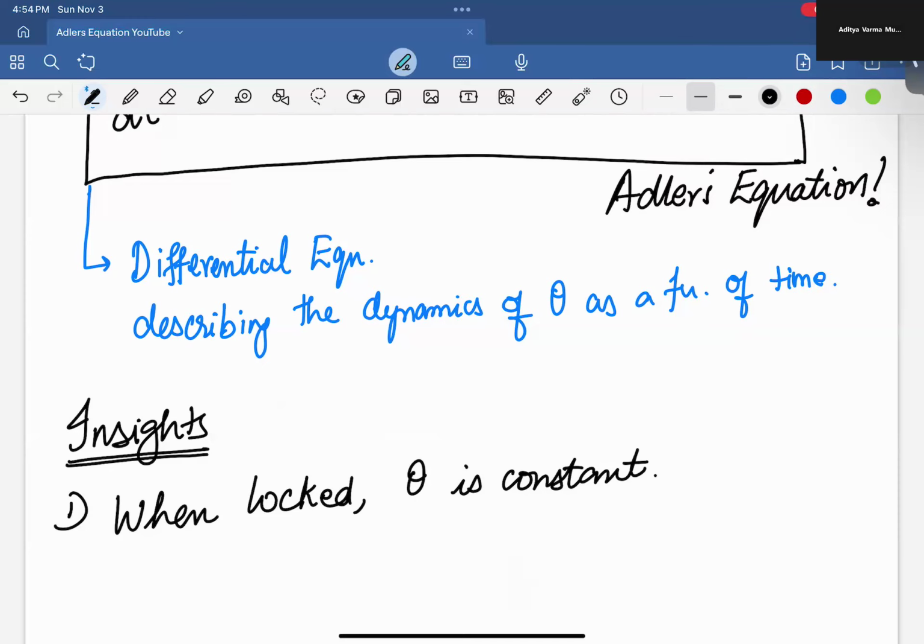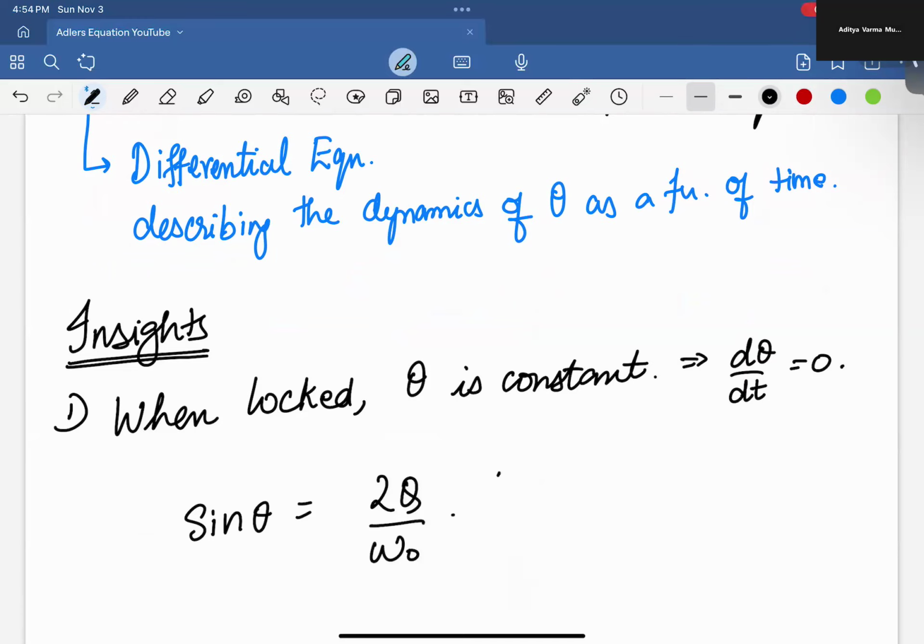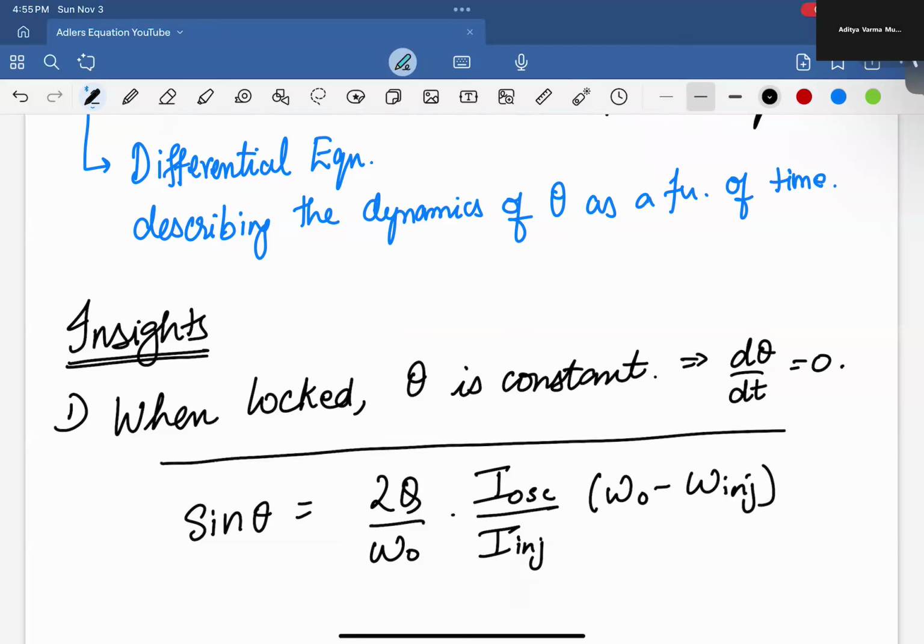That's what we talked about in the last video. And when theta is constant, that implies that d theta over dt is 0, right? So you get sine of theta is equal to 2q over omega naught times I oscillation over I injection times omega naught minus omega injection, right? So that's also an important relationship.